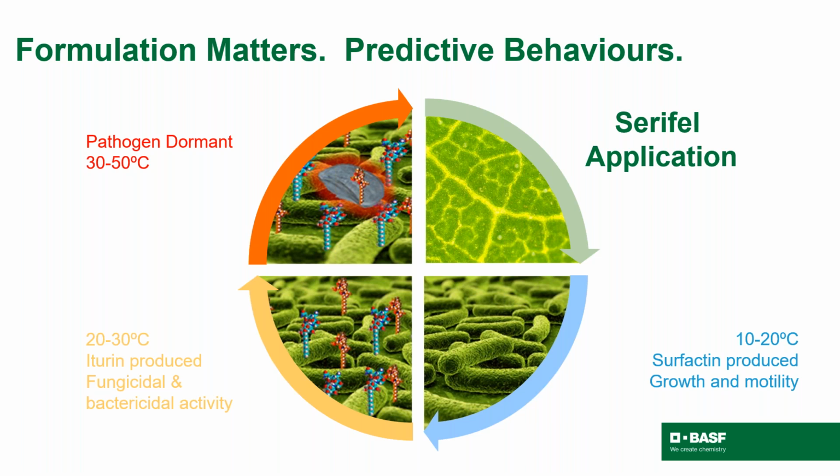And iturin is the key fungicidal, bactericidal metabolite. At a temperature of 30 to 50 degrees Celsius, your pathogens are generally dormant. However, Serifel will still continue to grow, albeit maybe slower, but will still be there protecting your plant.